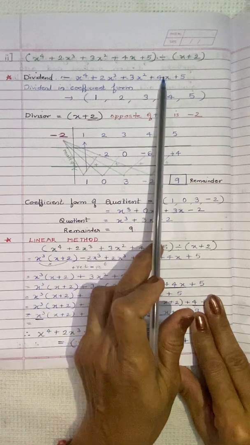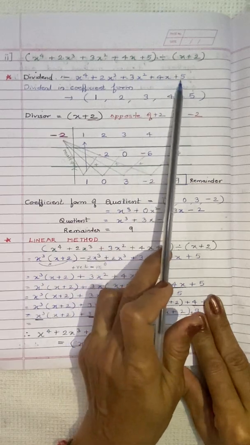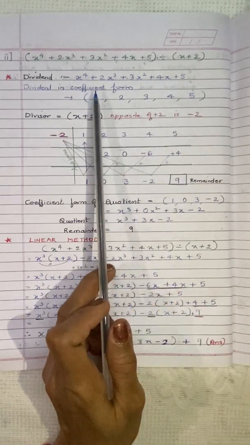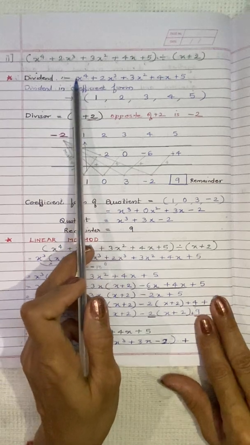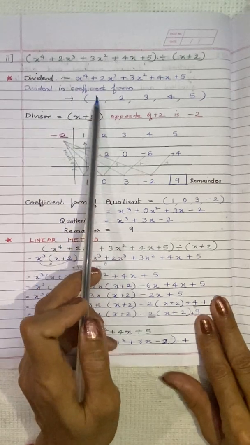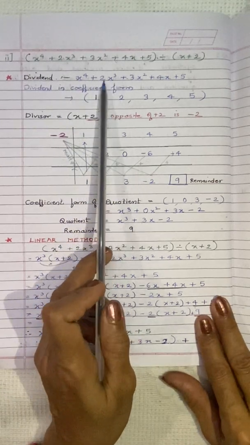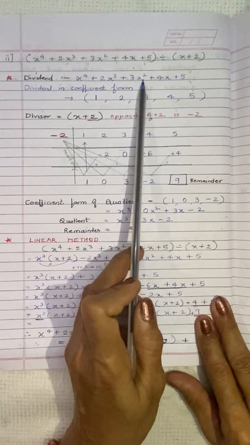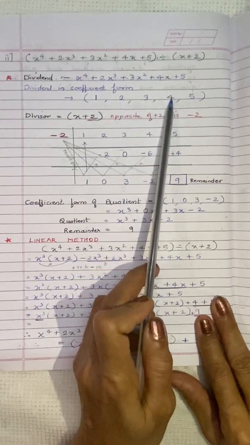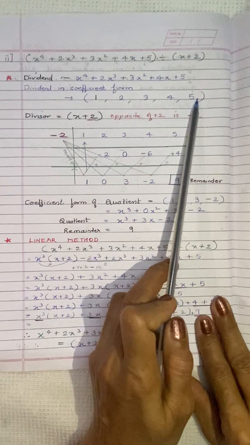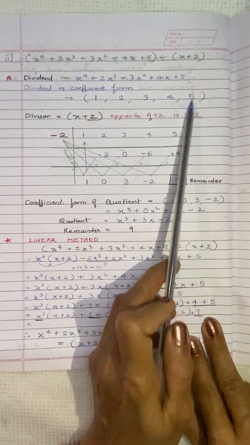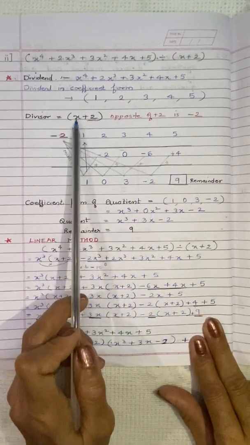So this is in index form, so we need not write 0x. Here the coefficient of x raised to 4 is 1, 2x cube is 2, 3x square is 3, 4x is 4, and the last one is 5. That is the constant. So the divisor is x plus 2.